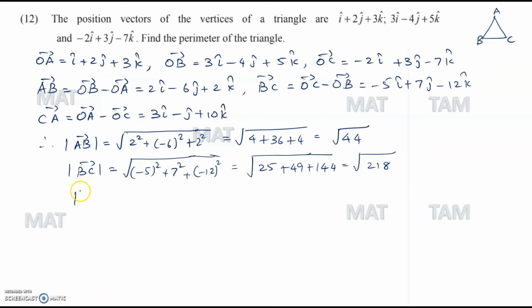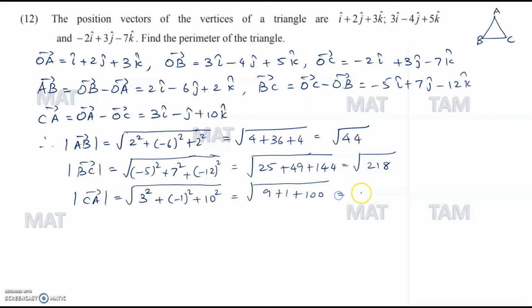Similarly, the vector CA magnitude would be square root of 3 squared plus minus 1 squared plus 10 squared, and that's equal to square root of 9 plus 1 plus 100, which is equal to root of 110.